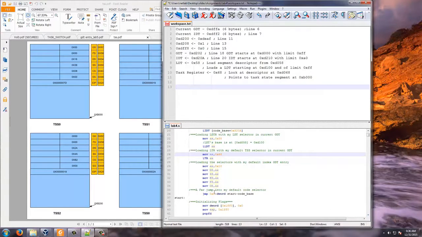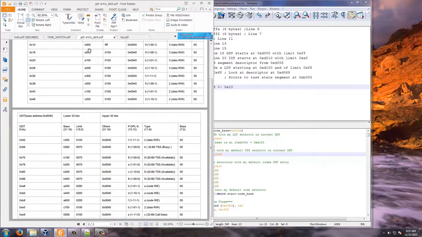And now I am moving all DS, SS, ES, FS, GS, everything as 0x10. This means, let us go to the 10th entry here.